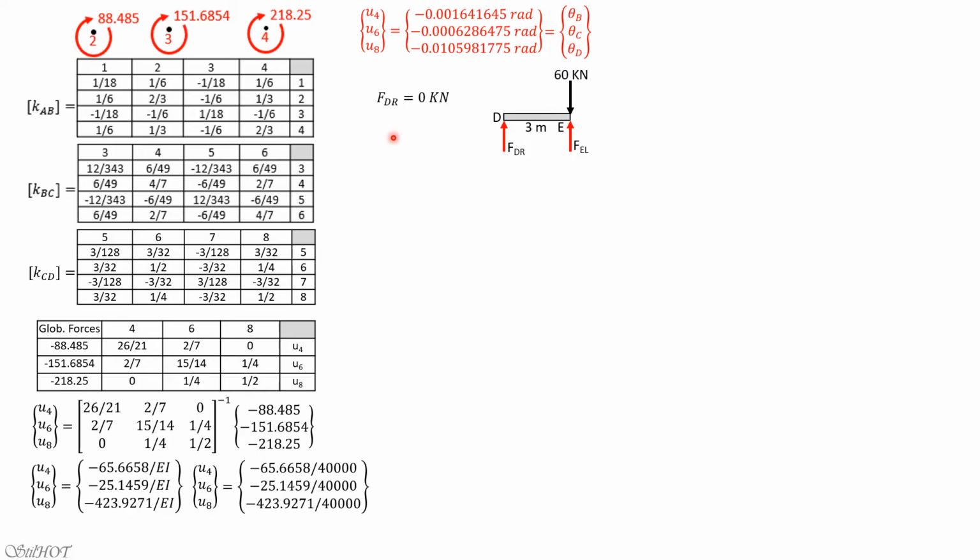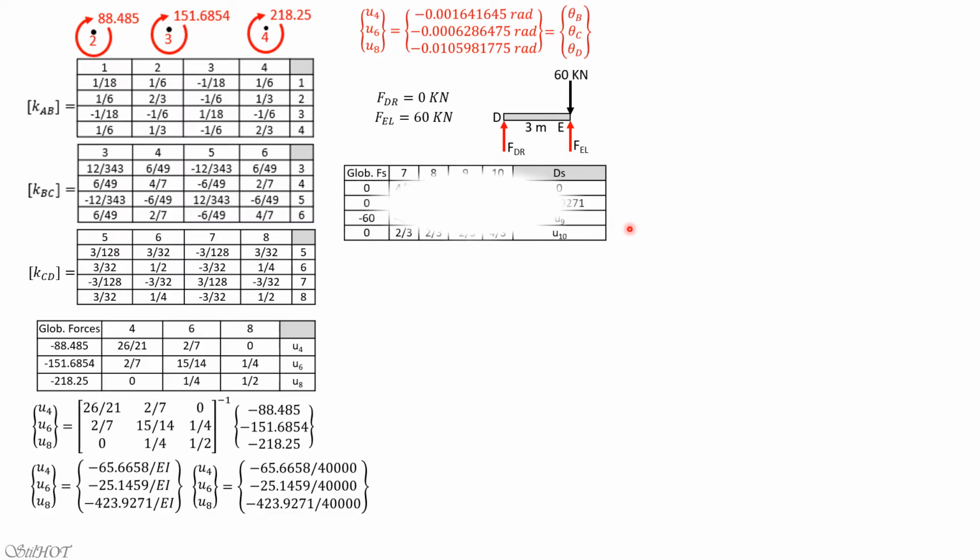So FDR equals 0, while FEL is equal to 60 kilonewton. And the nodal load is also opposite to that.